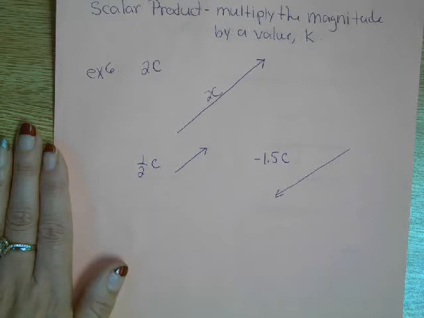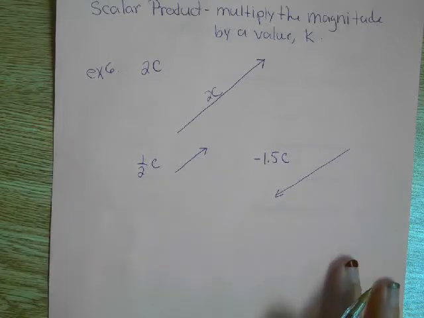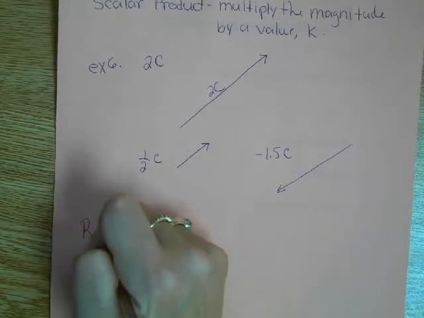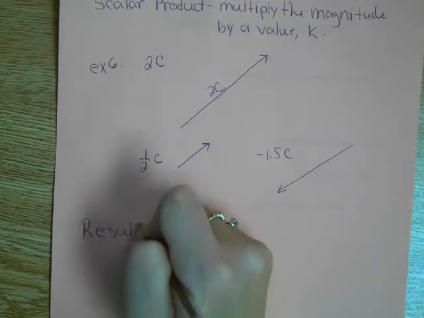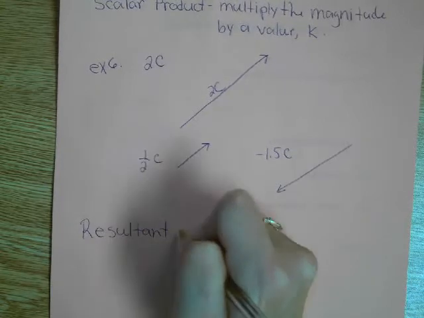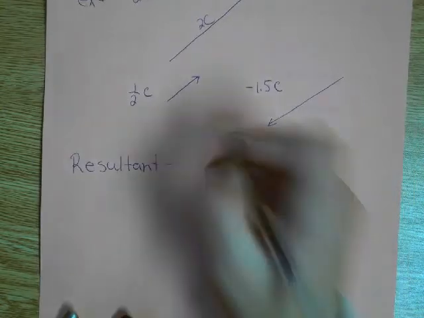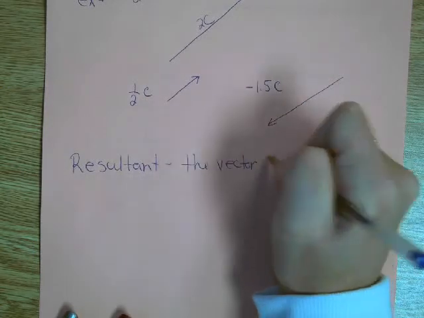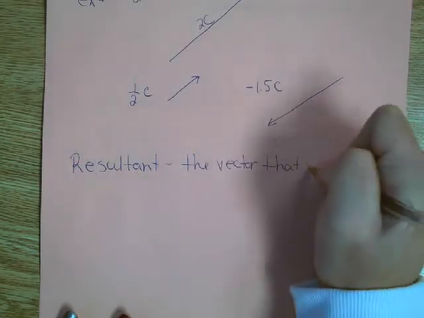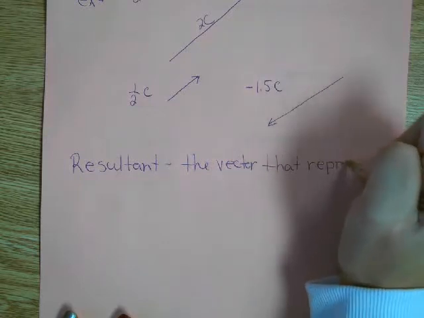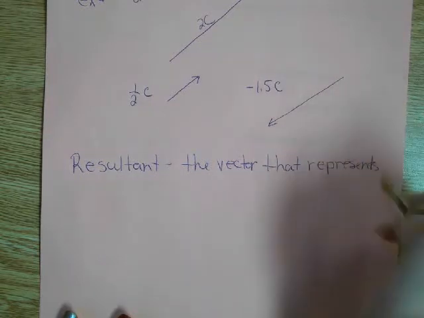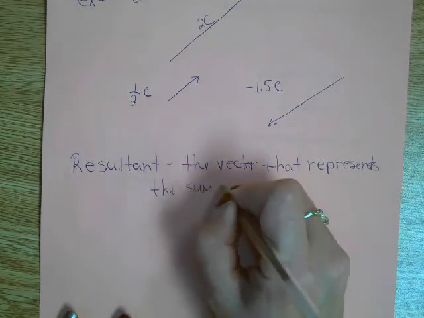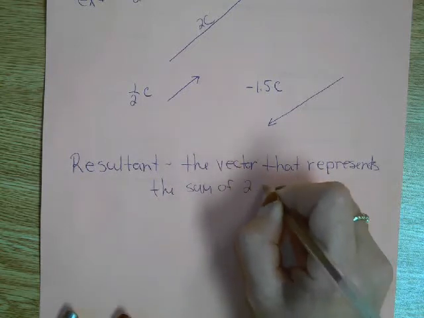All right, and I should have had this vocabulary first, the resultant is the vector that represents the sum of two or more vectors.